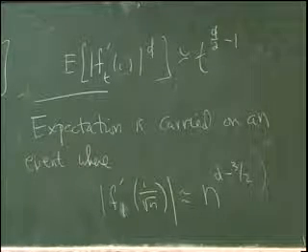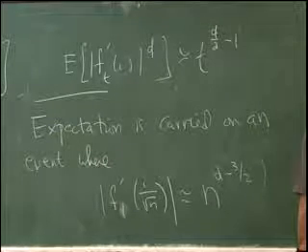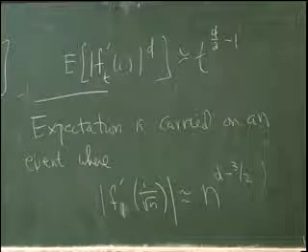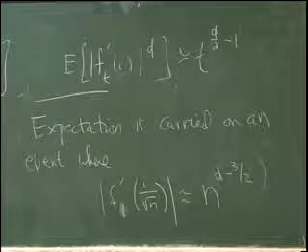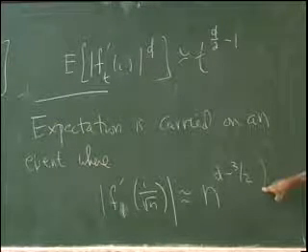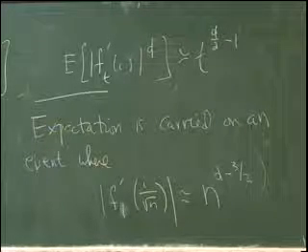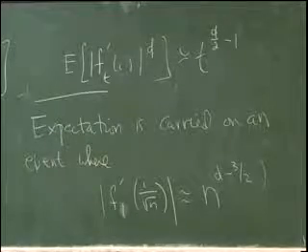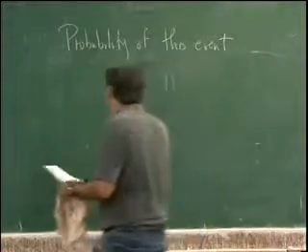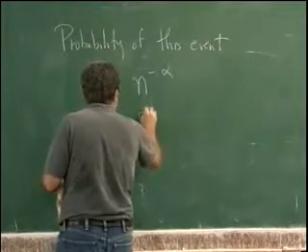And the probability of this event, so this is an exceptional event, is just n to the minus alpha, that's my definition of alpha.